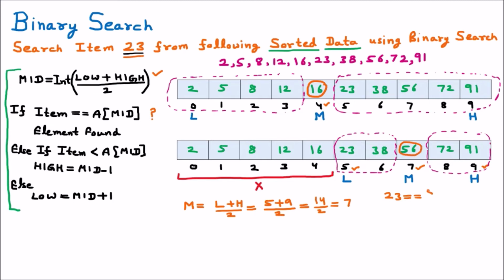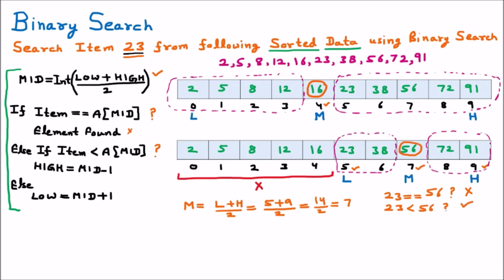Is 23 equal to 56? We are checking this. No, false. So this part is not going to work. Again we go to the else if part and check, is item, meaning 23, less than A middle, meaning is 23 less than 56?